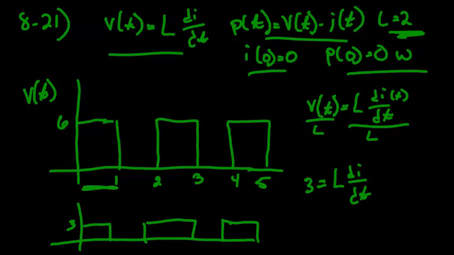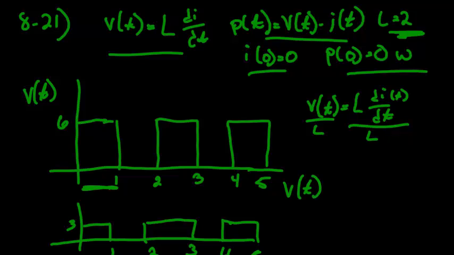Oh, no. I'm sorry. So 3 equals di/dt. Why does it equal 3? Because right here, but it's only from the interval from 0 to 1, 2 to 3, and 4 to 5. So we can make this look like a piecewise function, right?